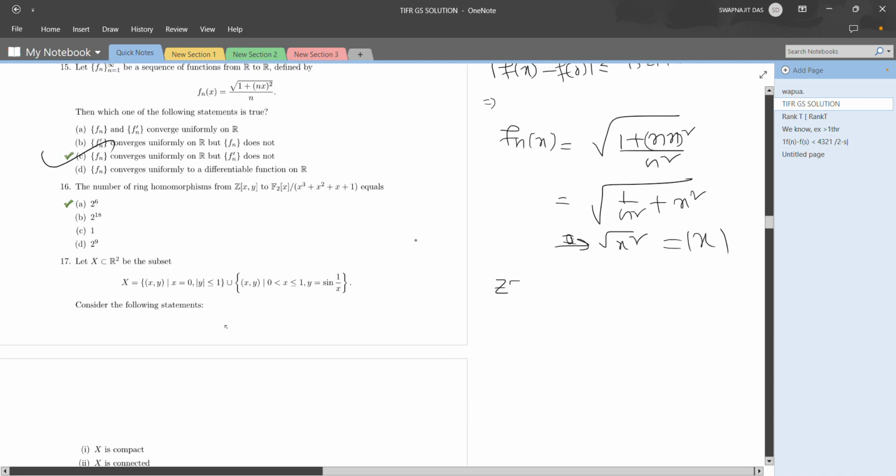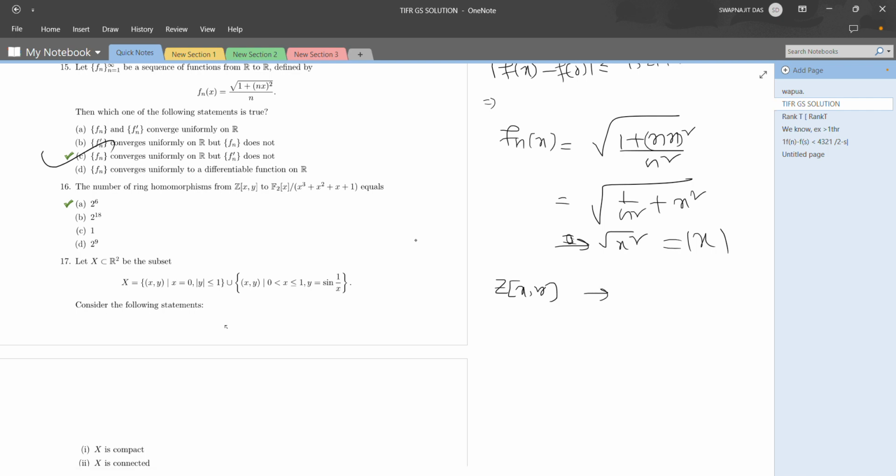Question number 16. This is Z[x,y] to F2[x] modulo x cube plus x squared plus x plus 1, which is the same as a0 plus a1 x bar plus a2 x bar square, where ai belongs to F2.